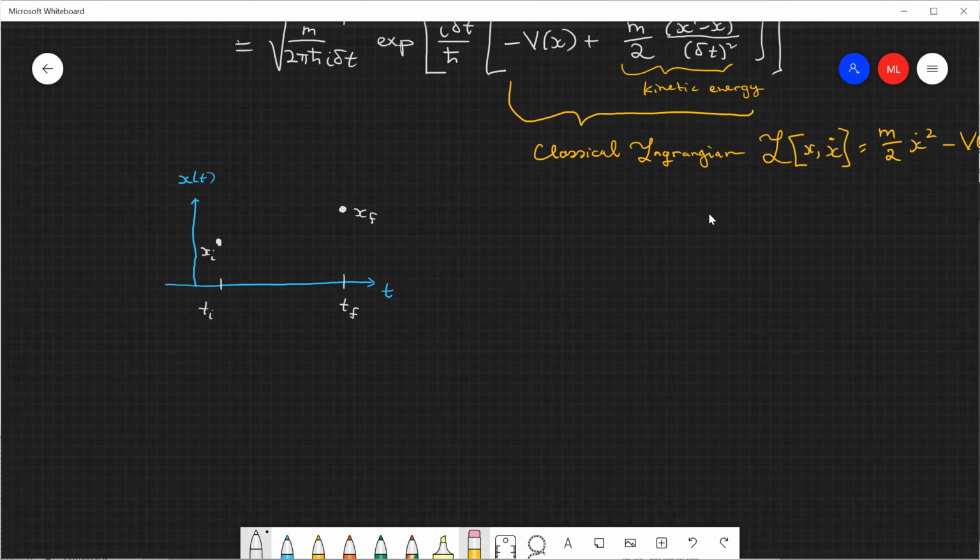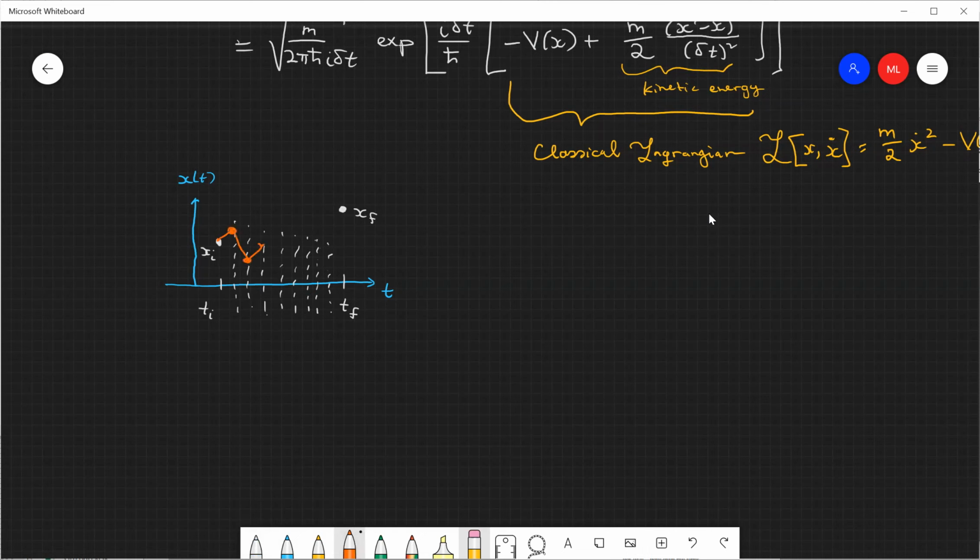And then the idea of the path integral is that you slice up this time interval into a bunch of infinitesimal slices, and what you do is the path integration is just the integral over all of the possible positions.